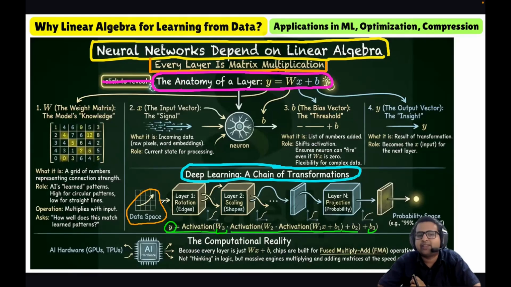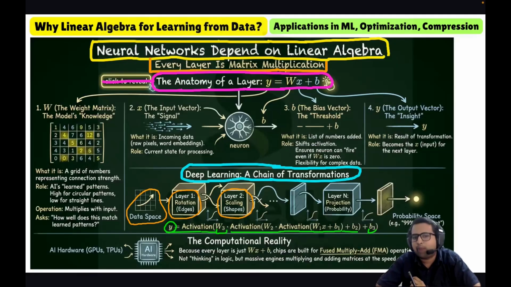The first layer might perform a rotation to find edges. Whatever edges it finds, it passes to the second layer, which performs further transformations. Let us suppose the second layer performs scaling to identify shapes like eyes, nose and wheels.